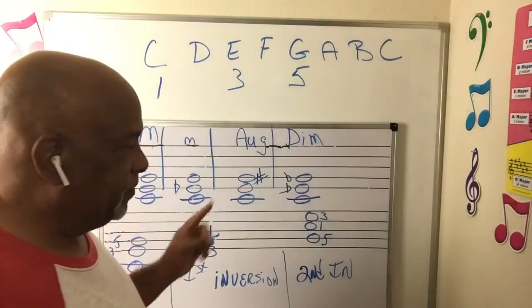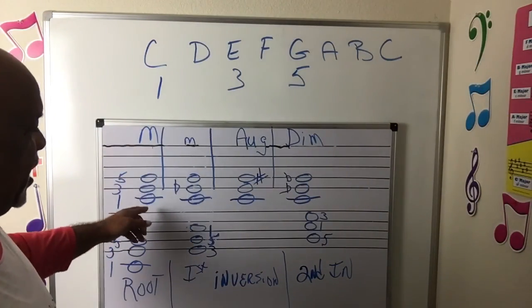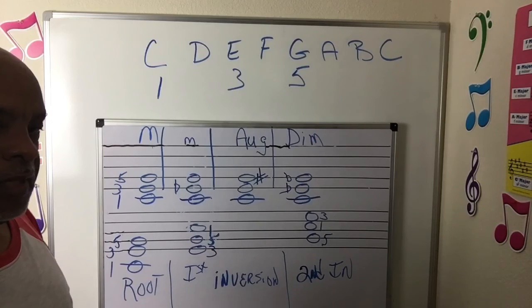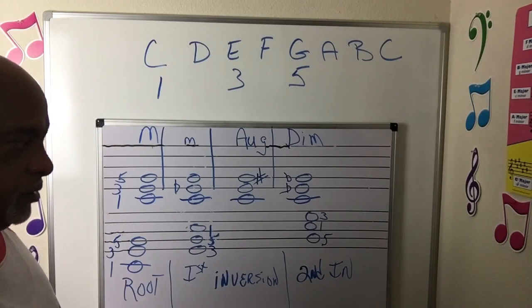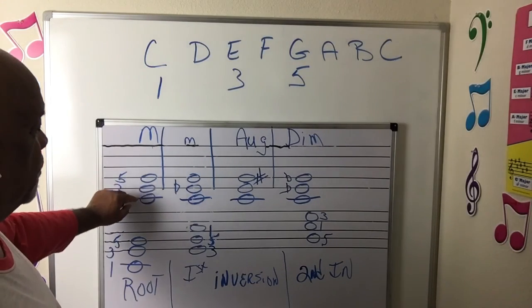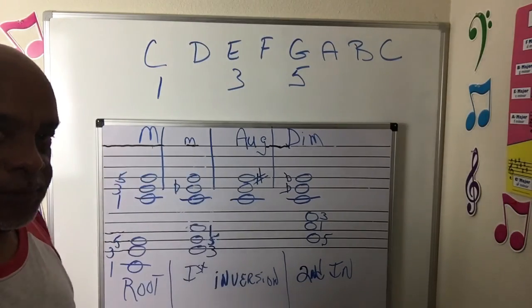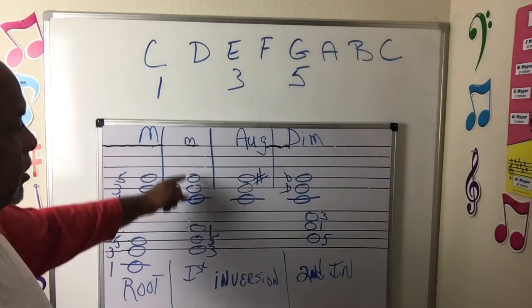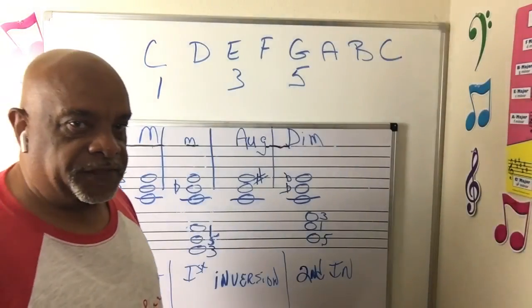Let's recap this one more time. This is your major triad, 1, 3, 5, C, E, G. These triads are built on thirds. A third up from C is E, and then a third up from E is G. To get a minor triad, you lower the third a half step.